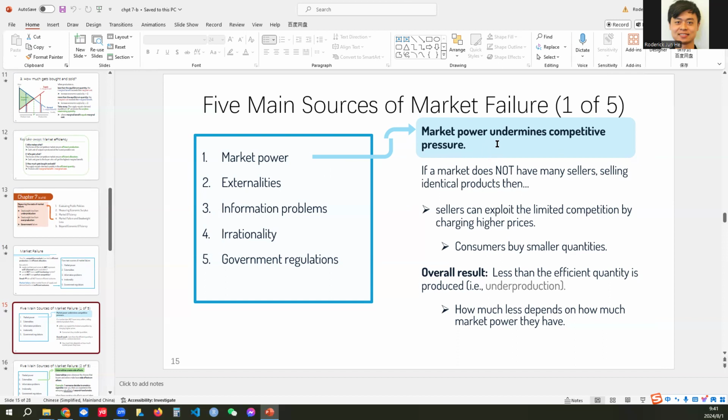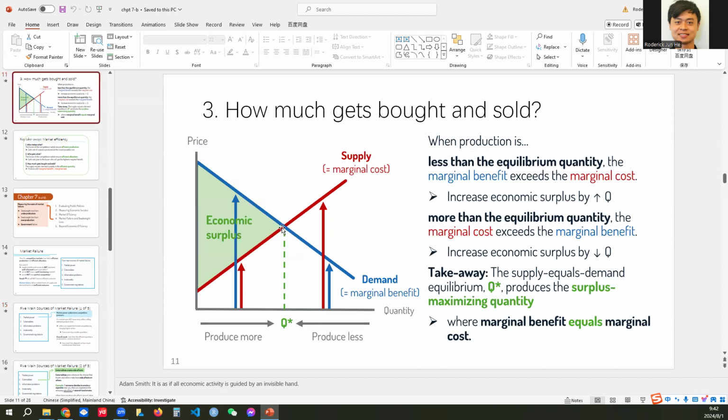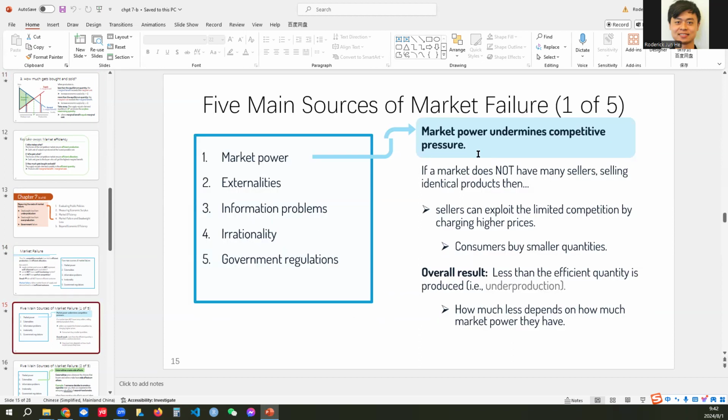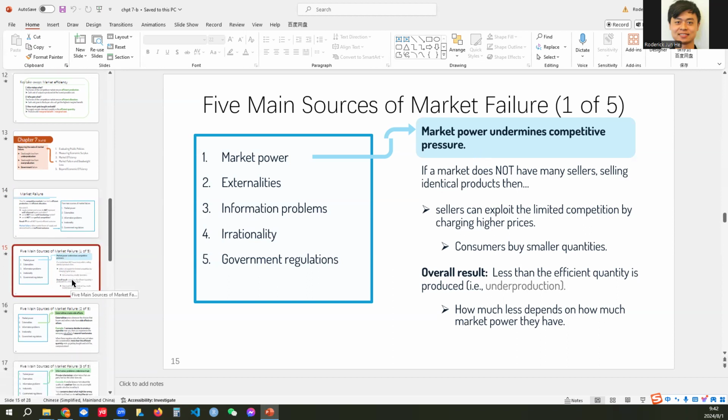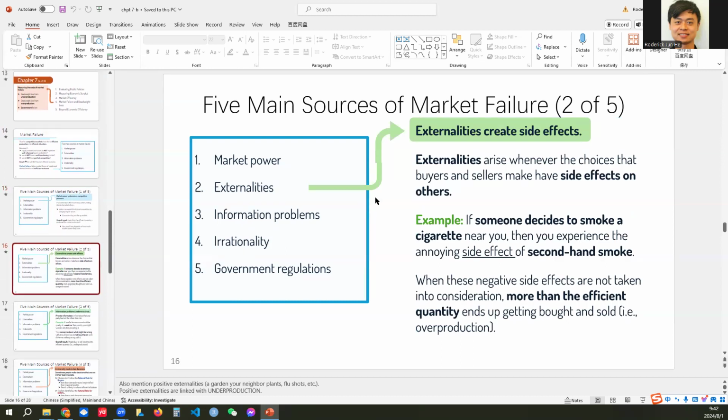There could be quantity suppressed, because they know that if they put down the quantity, consumers would be willing to bid higher for them. So the overall result is that less than the efficient quantity is going to be produced. Namely, there is underproduction. So the production will be less than the efficient point. So that's the first thing, market power. We're going to talk more about this near the end of this semester as we introduce market structures.